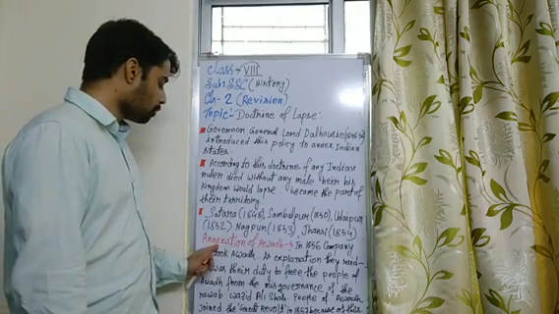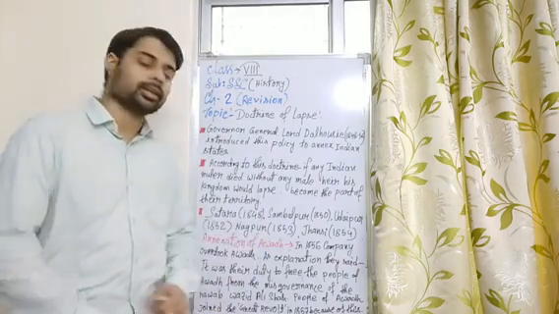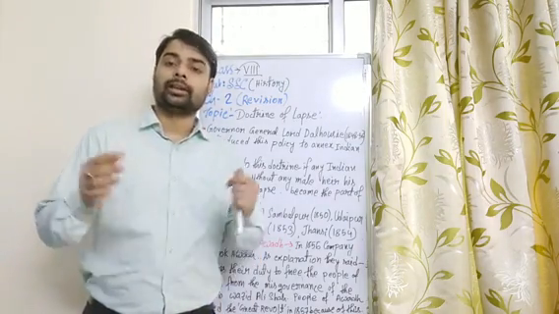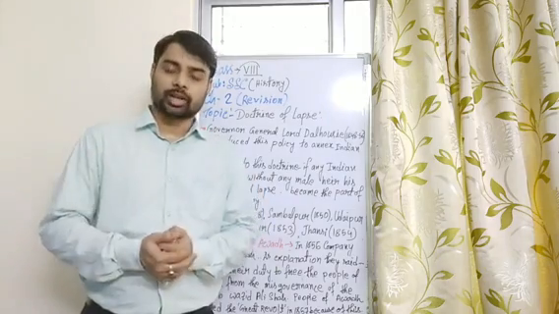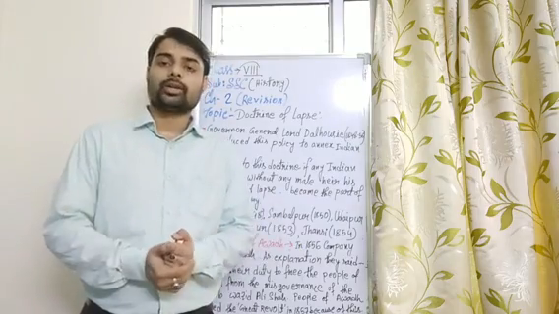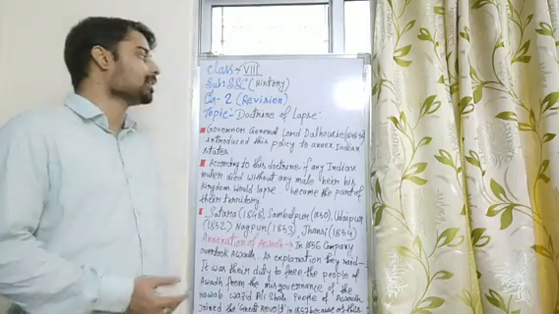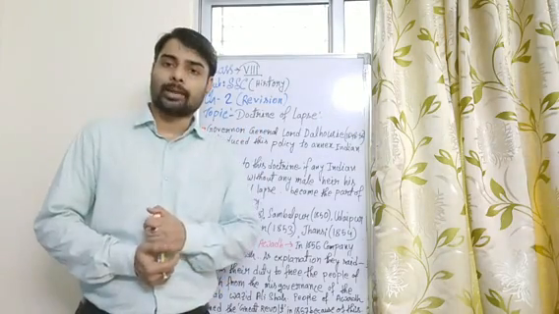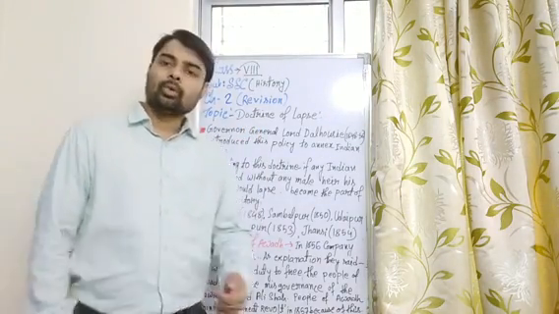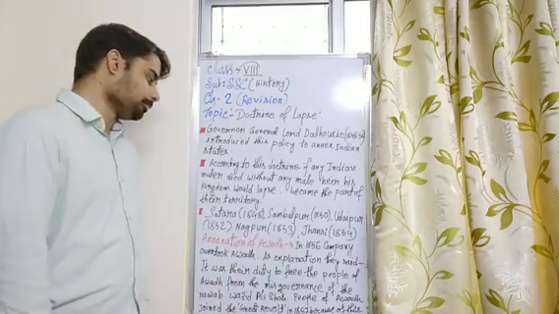Now another portion is the annexation of Awadh. How did they annex the Awadh state? Awadh at that time was ruled by the Nawab of Awadh, Wajid Ali Shah, and Wajid Ali Shah had a lot of heirs, a lot of sons. So it was not legitimate to annex that state with the Doctrine of Lapse. So Dalhousie found another explanation to annex this state.